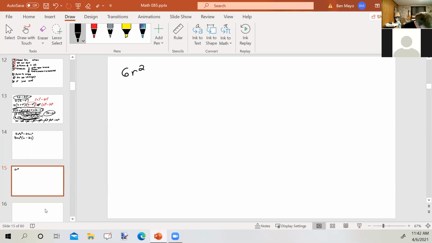6r squared plus 3rs minus 18s squared. So here we have a trinomial. It's in standard form in terms of the variable r. It has a greatest common factor of a 3.